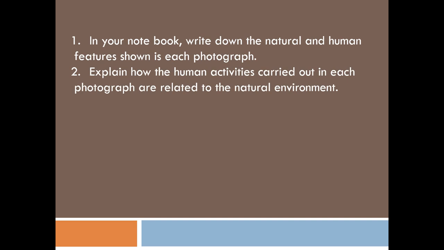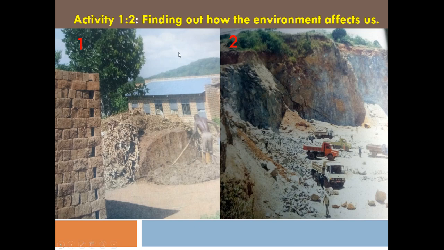For example, in photograph 1, where there is land, what has man done because of the presence of the land? In photograph 2, what has man done because of the existence of the rocks?